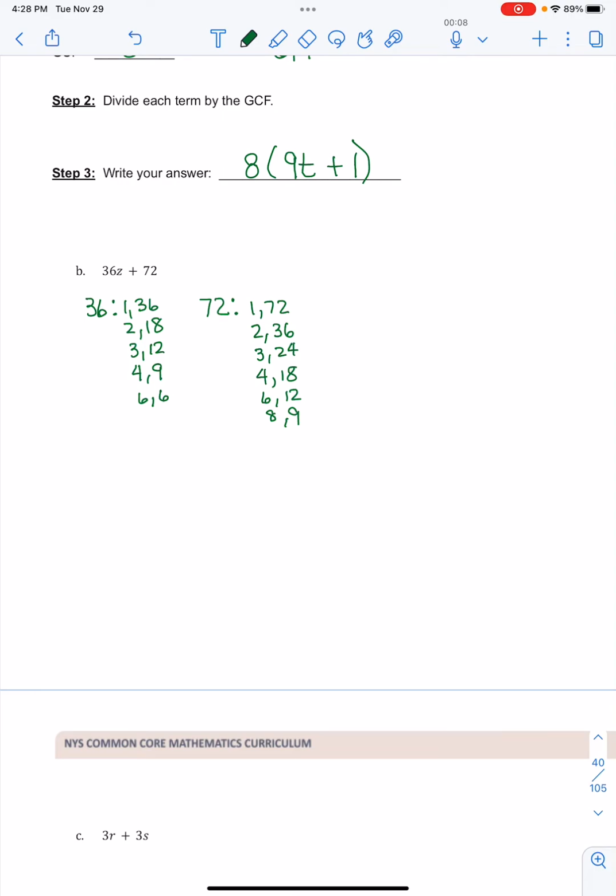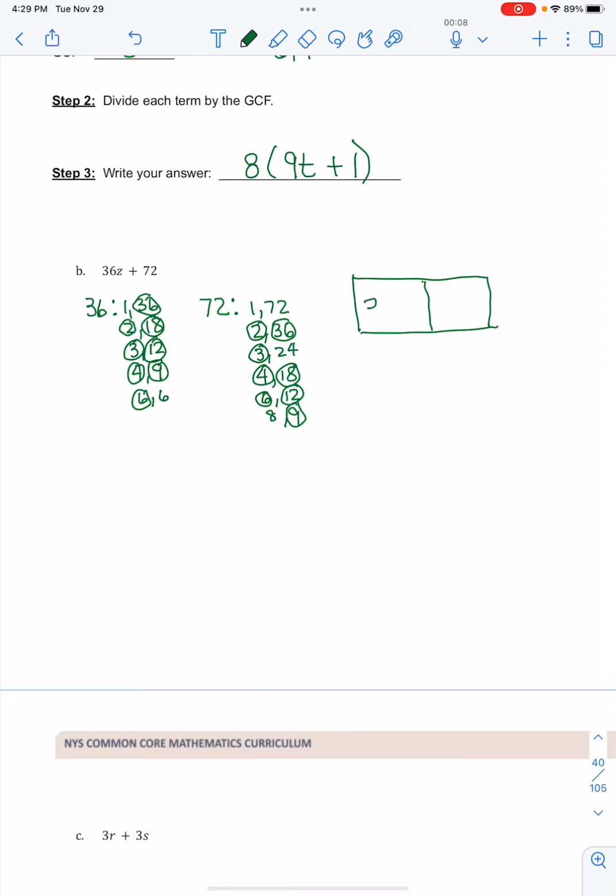So our common factors here are 2, 3, 4, 6, 9, 12, 18, and 36. So now creating my box, I have 36z plus 72.